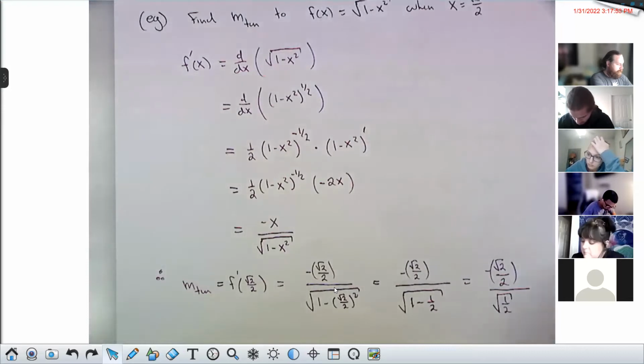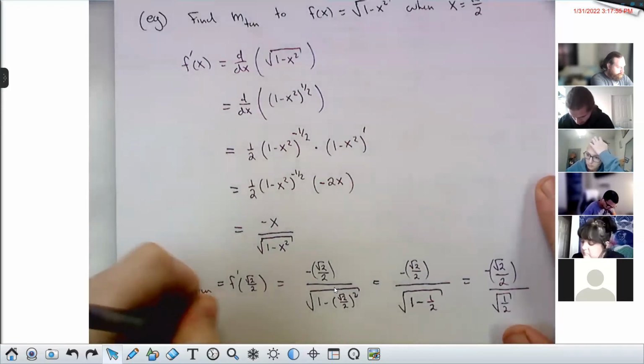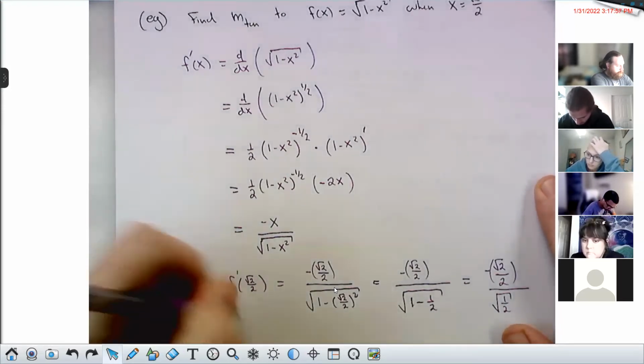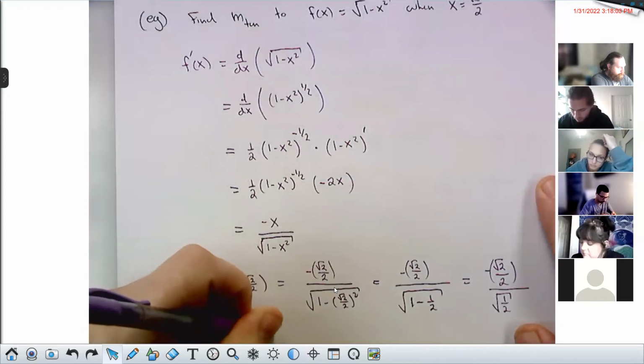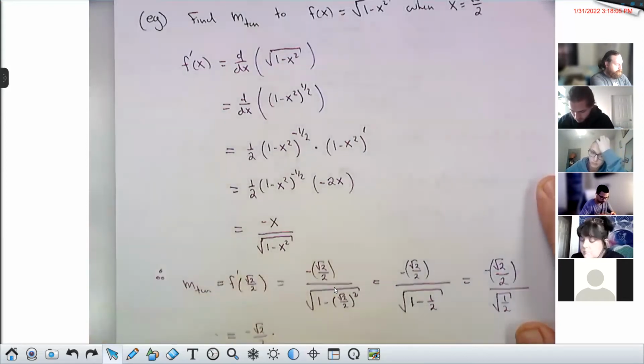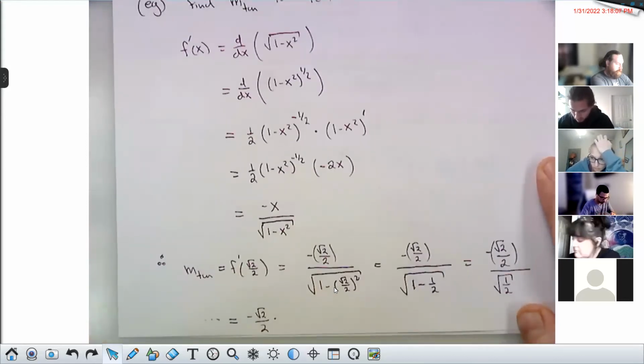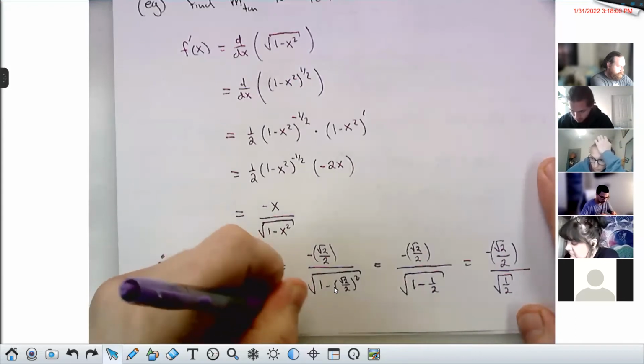Let me continue down here. You've got your -√2/2. And then I'm going to multiply by the reciprocal of the square root of 1/2, which is the square root of 2/1.